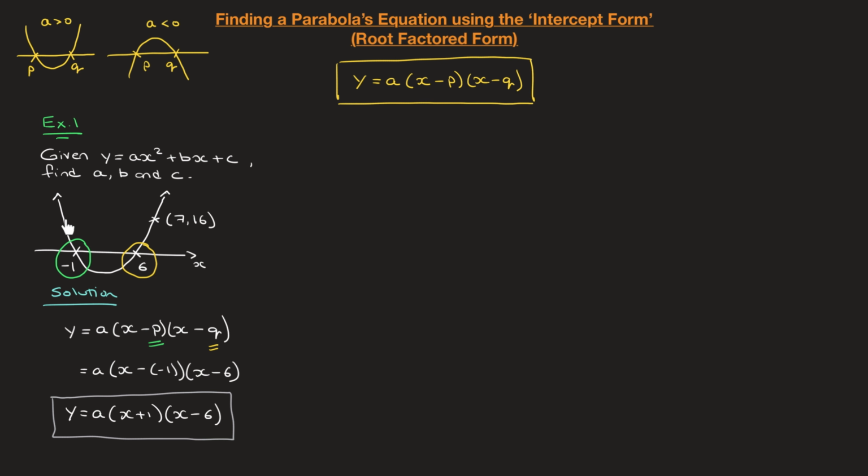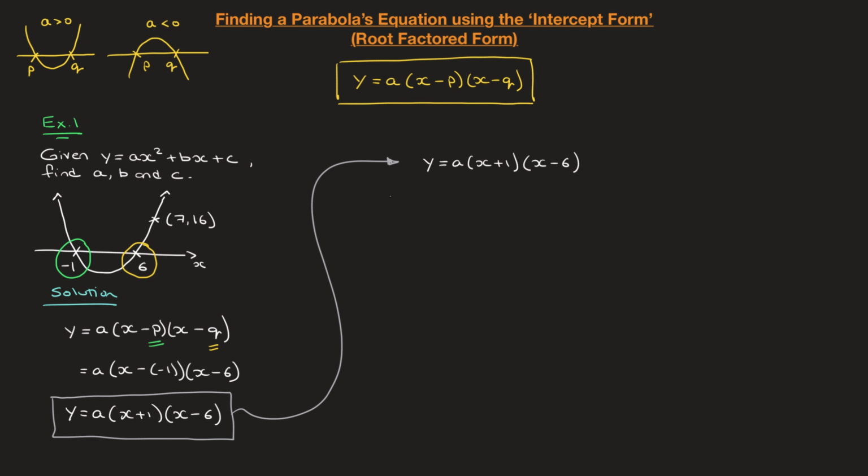We're told that this parabola passes through the point with coordinates 7, 16. And let me be clear here, the only purpose of this point in an exam is for us to find the value of the leading coefficient a. Let me show you how. I'll carry on with my working right here, and I'll copy that last result. So we had y equals a times, in parentheses, x plus 1 times x minus 6.